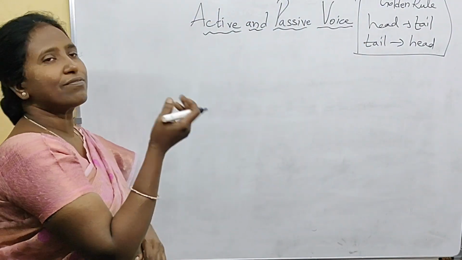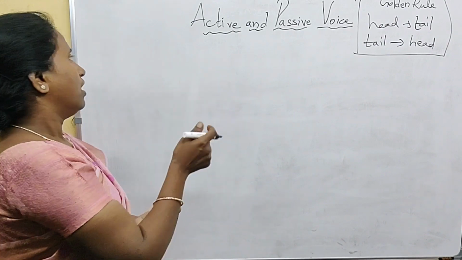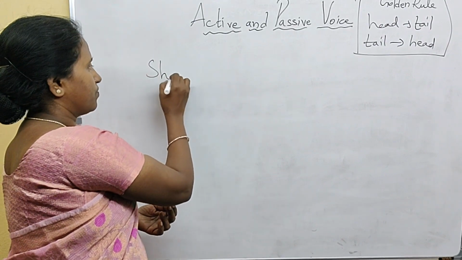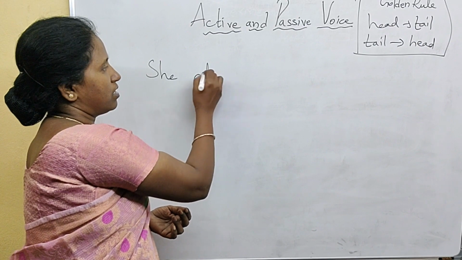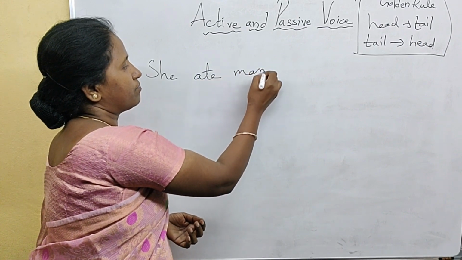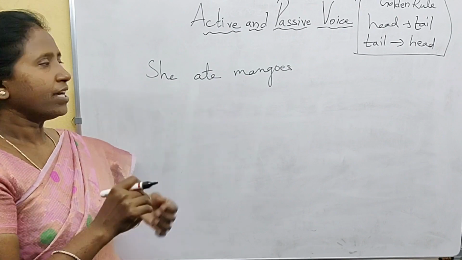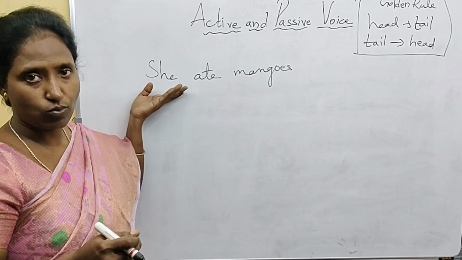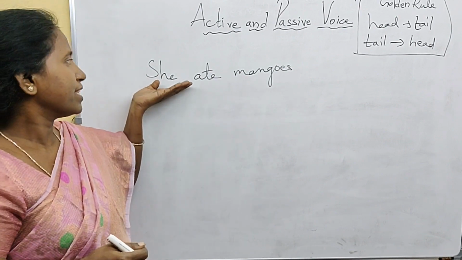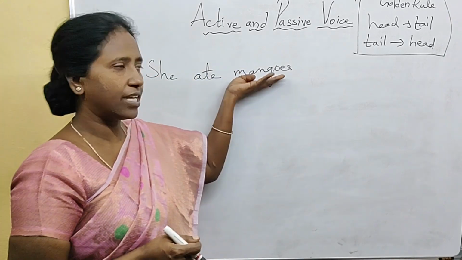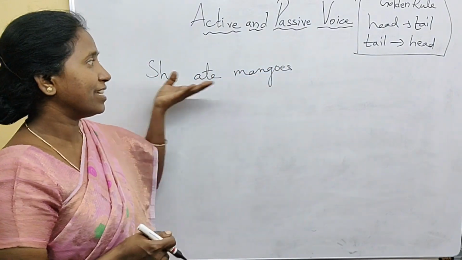Okay, so here if the sentence is, she ate mangoes. Here this first one, this is the subject we call. This is the head, this is the tail.